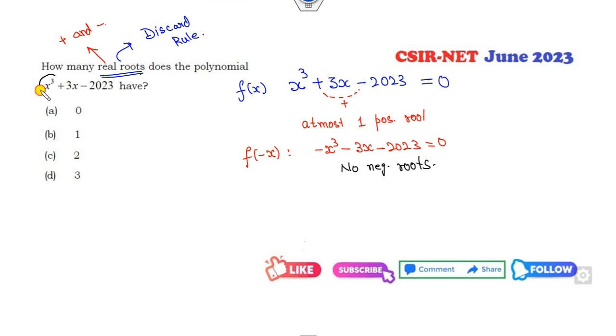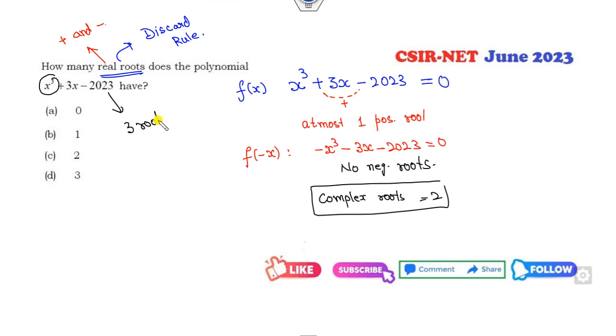It's a cubic equation, so it has 3 roots maximum, and all 3 are not complex numbers, because complex numbers always come in pairs. So complex roots can never be 3. There is no negative root, that means there is 1 positive root and 2 complex roots. And how many real roots? 1 is the positive real root.